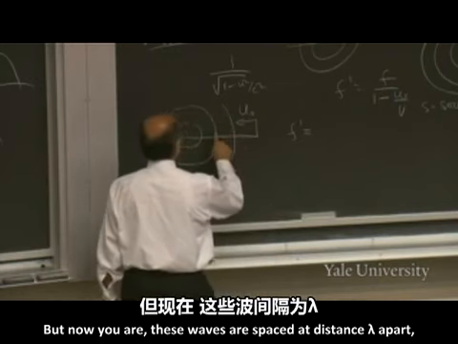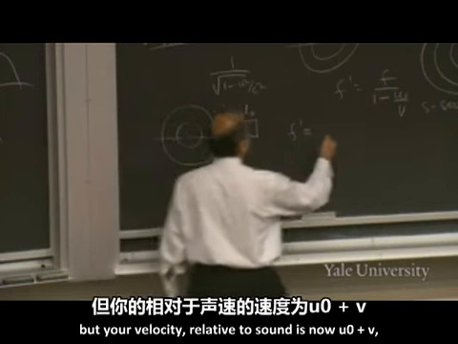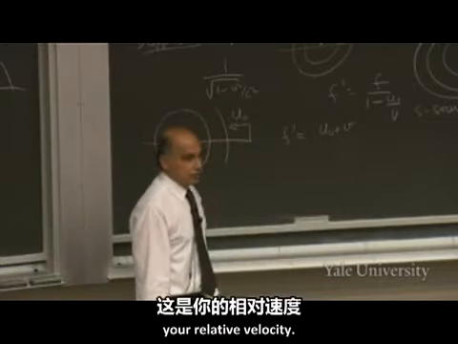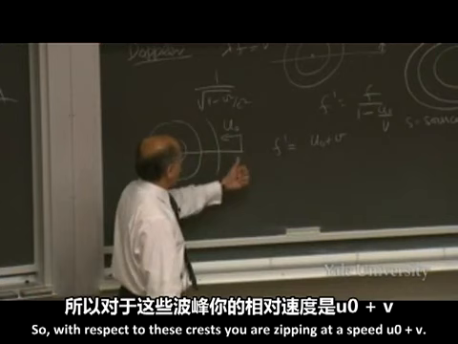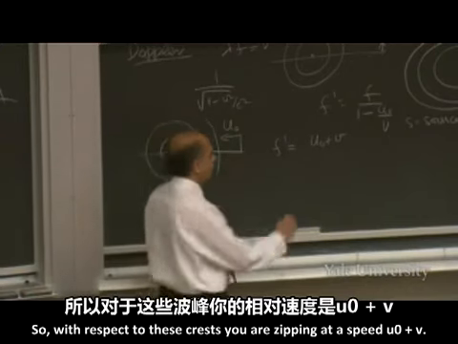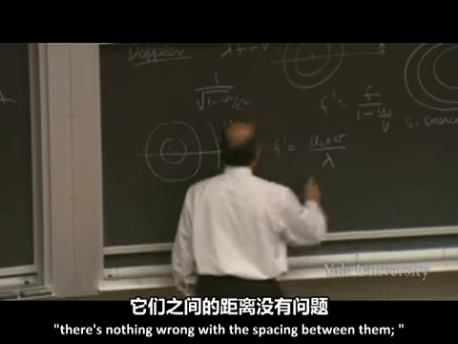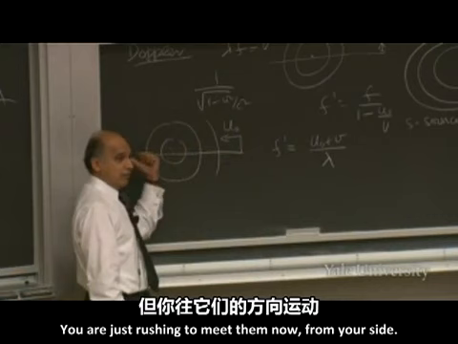these waves are spaced at distance lambda apart, but your velocity relative to sound is now u0 plus v. Your relative velocity: sound is moving to the right, you're moving to the left. So with respect to these crests, you're zipping at a speed u0 plus v, and the crests are spaced at distance lambda apart. There's nothing wrong with the spacing between them. They're just like shown here. You're just rushing to meet them now from your side.